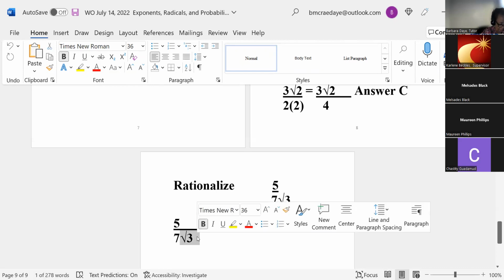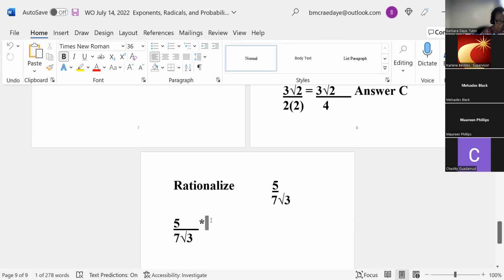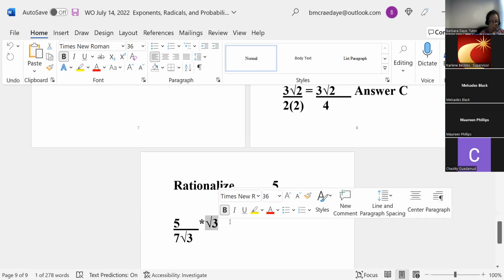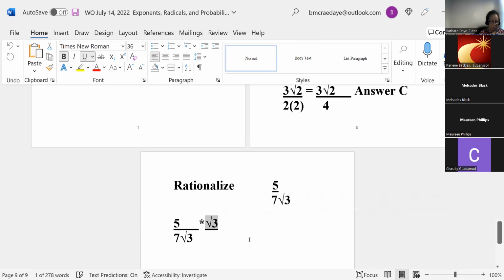That's correct. Now, what else are we doing? We're going to put another radical 3 under. Draw a line and put another radical 3 under there. Okay, very good.